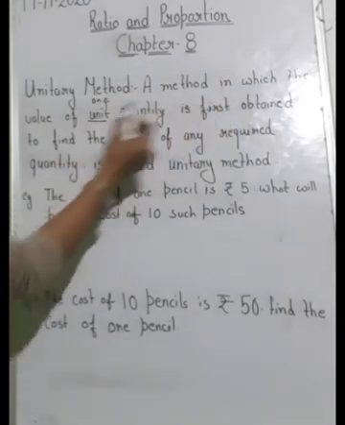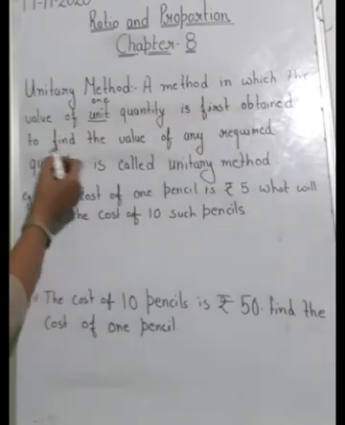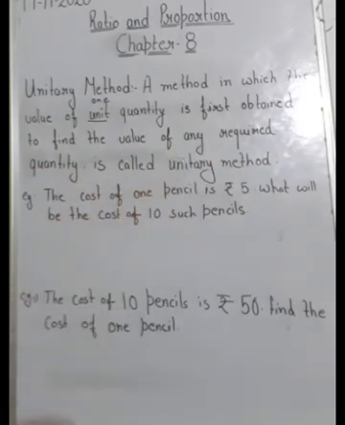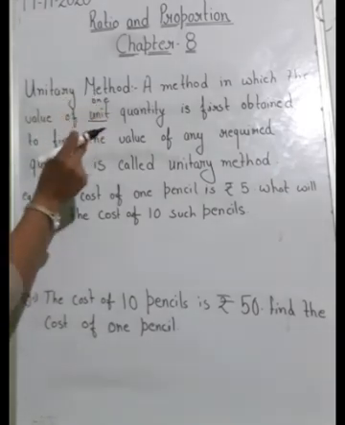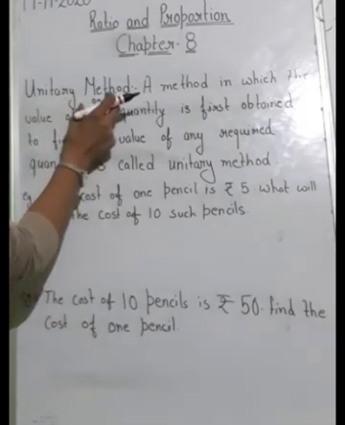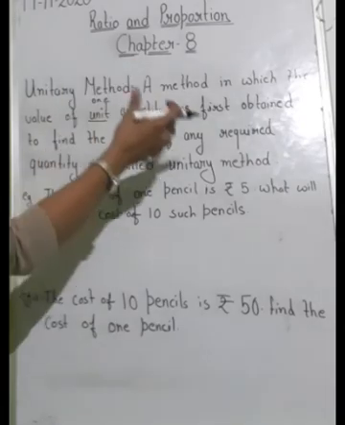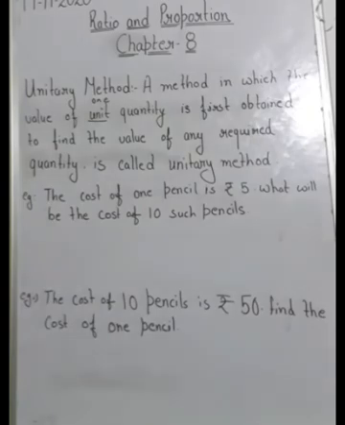So a method in which the value of one quantity is first obtained to find the value of any required quantity is called your unitary method. So what we do in the unitary method, first we find the value of one quantity, and when we get the value of one quantity, then we can find the value of any required number of quantities. Clear?